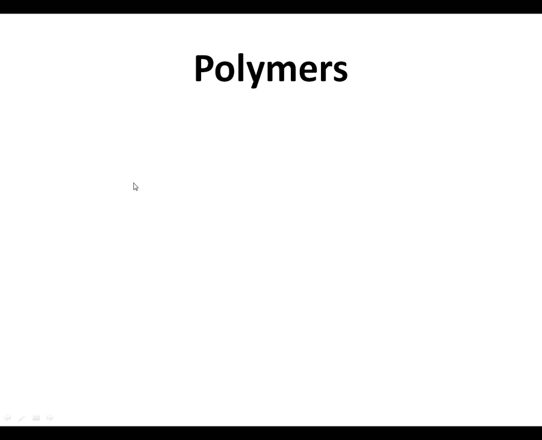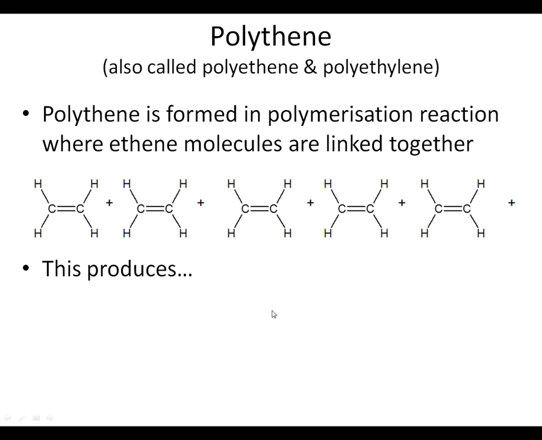So what does that look like? Well, we start with lots of ethene molecules. You can see them all here. And this one is going to break open. So this double bond here, one of those bonds is going to break open and form a half bond out there, and one of these is going to break open and form a half bond out there.